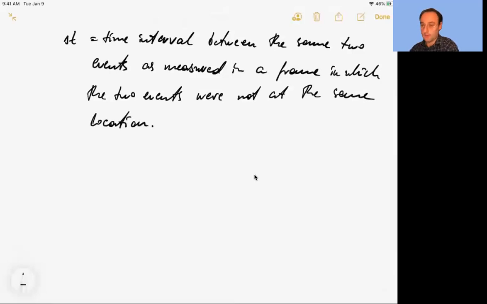Remember, the light was emitted here, but it was absorbed here, as seen by Bob.